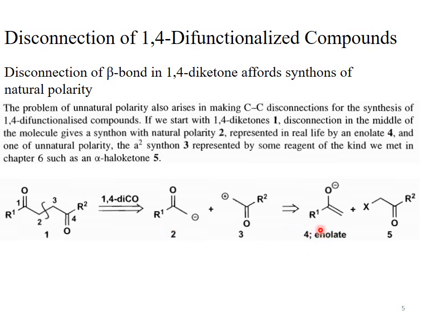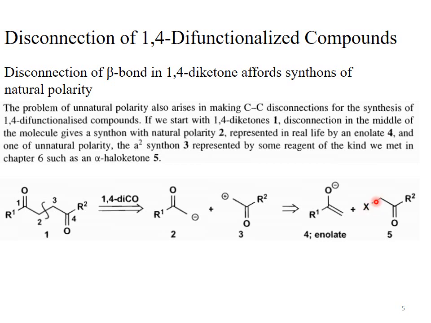One is the functional group carbon, and there is another carbon which is directly bonded with the functional group carbon. So this is a D2 synthon, and the source of this D2 synthon is the enolate 4.